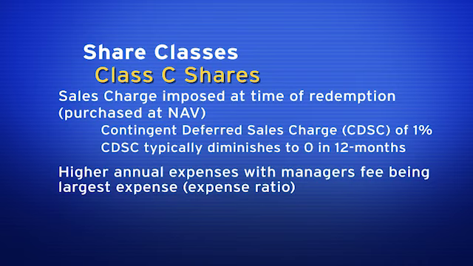So those higher annual expense ratios would continue year after year, making long-term investment in C shares very expensive. So we would not want to put a client in C shares over the long term.